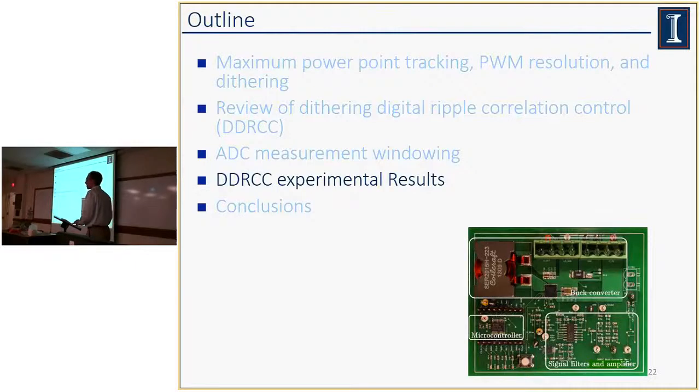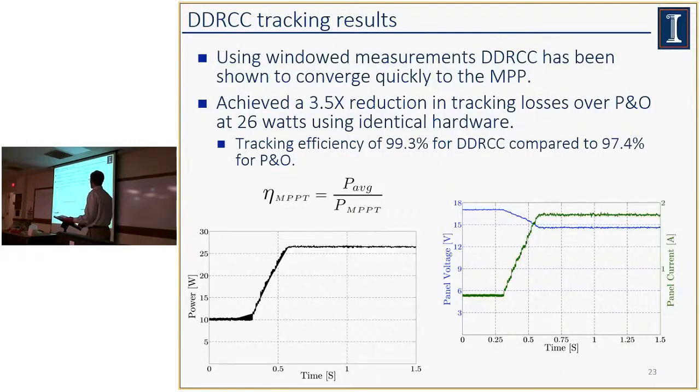So this is pretty, but did it actually work for our maximum power point tracking? The answer is yes. And by adding this circuit to our converter, we're able to apply DDRCC in a scalable way.